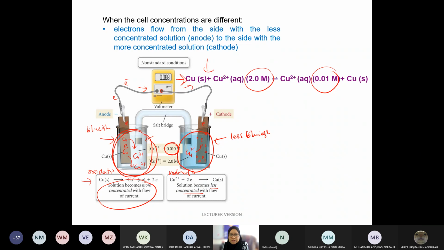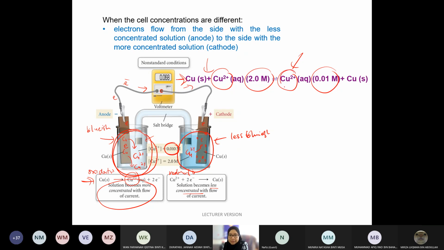Tapi how do we differentiate this copper 2 plus dengan this copper 2 plus? Okay, so itu yang kita assign dia punya concentration ni. This copper 2 plus as the product come from the oxidation. Kan dia duduk lepas arrow kan, so it will be the product of oxidation.